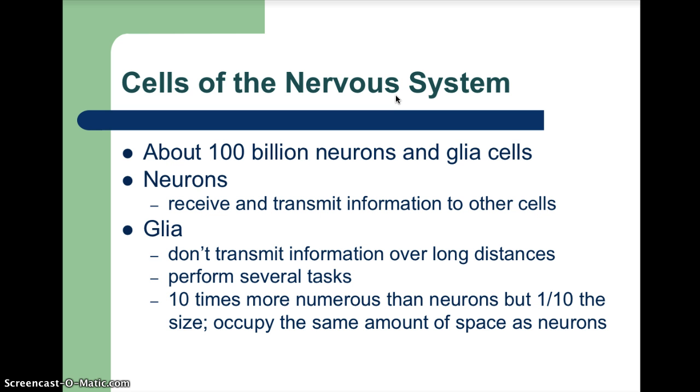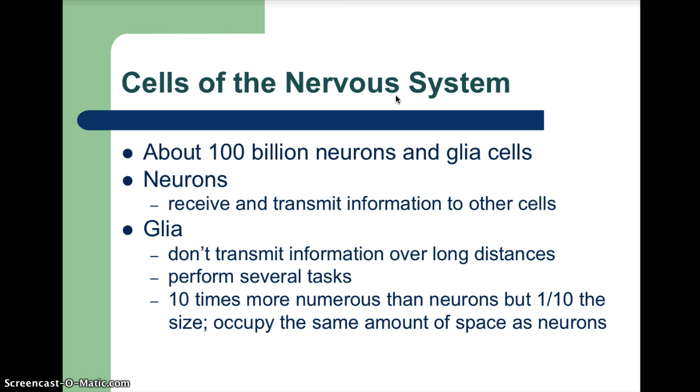Glia cells transmit a little bit of information, but not over long distance, and they perform different tasks that help support the nervous system. So things like getting rid of waste, wrapping axons in special cells to help conduct the nervous signal, and sometimes helping synchronize in a large area the communication from a bunch of different neurons.